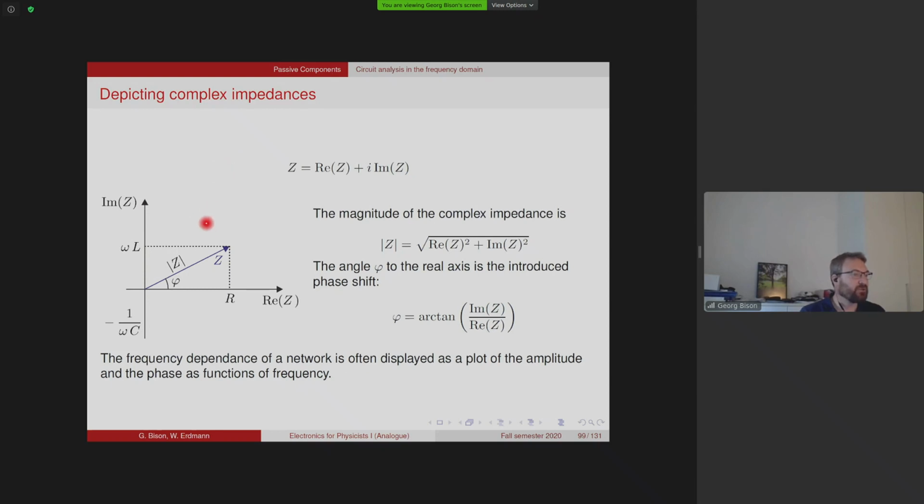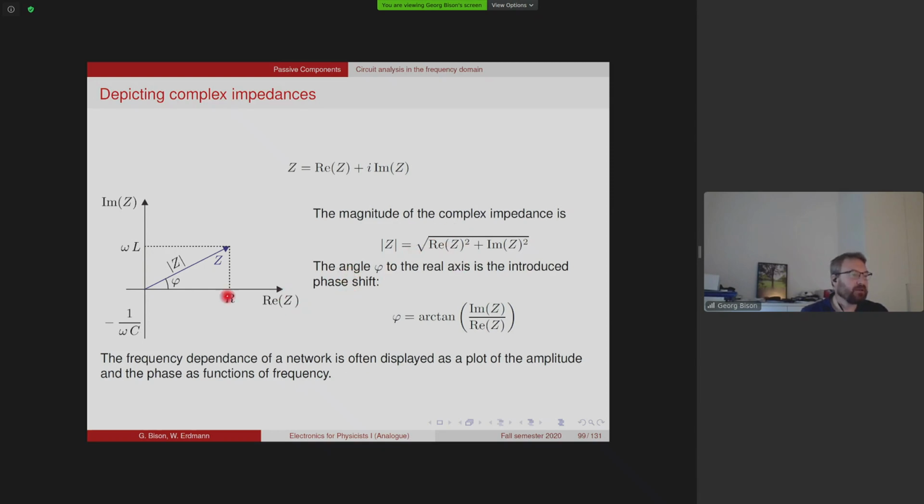Okay, first let's have a look at the complex impedance. Of course, a complex number can be decomposed into the real and imaginary part, shown here on the real and imaginary axis. And the magnitude, of course, is the length of this vector in this plane, simply calculated here.